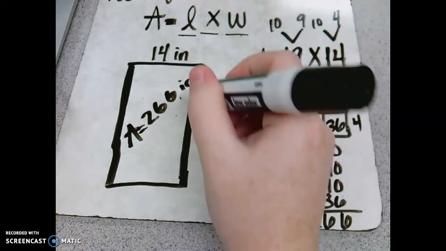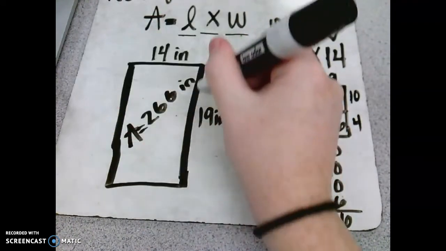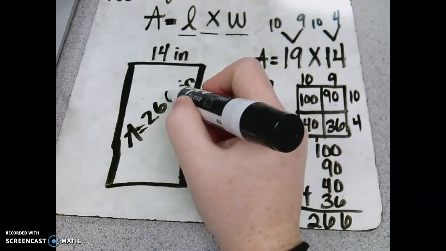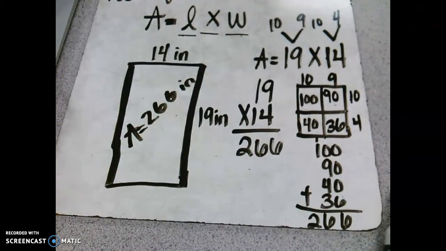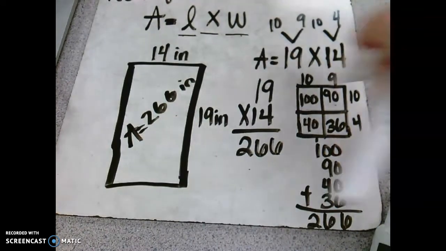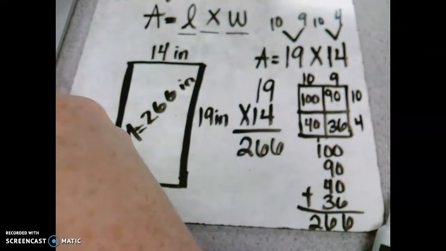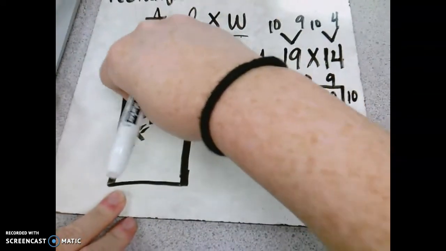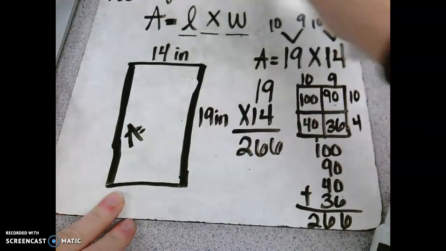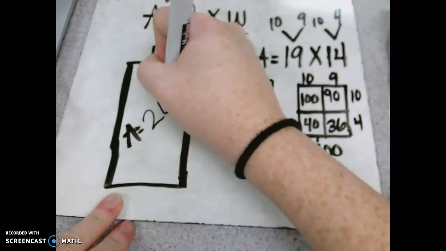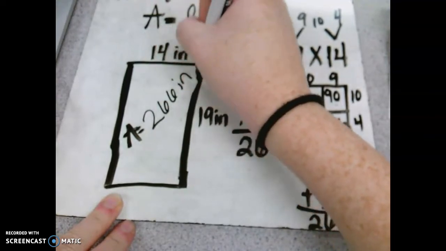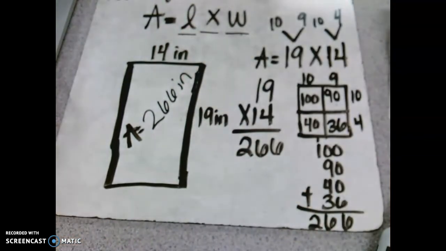So that means this whole inside area equals 266 inches. Let me use a skinnier marker so that you can tell that this is 266. 266 inches. Okay, that is our answer.